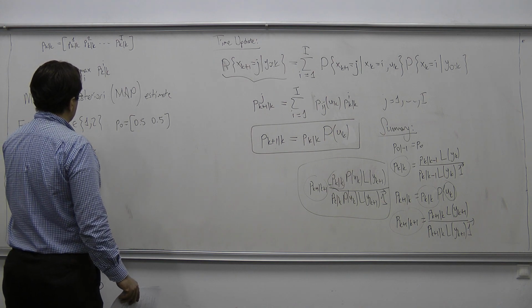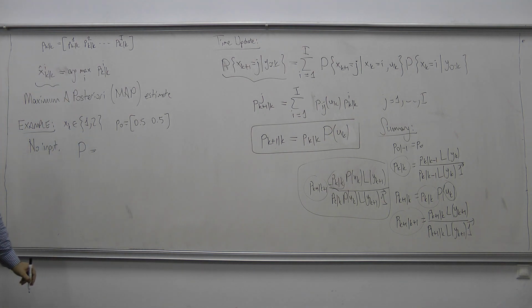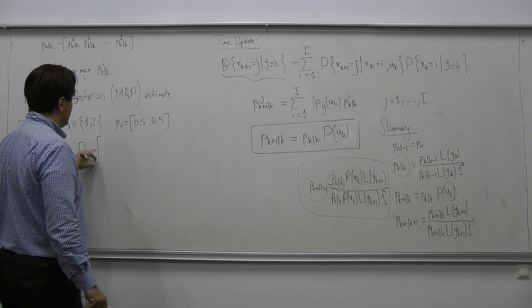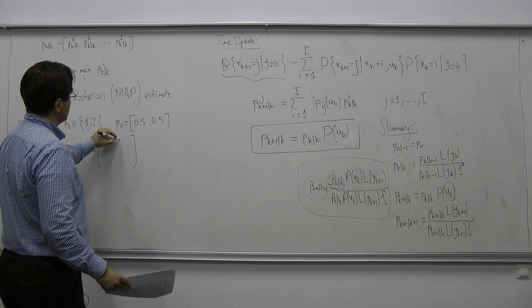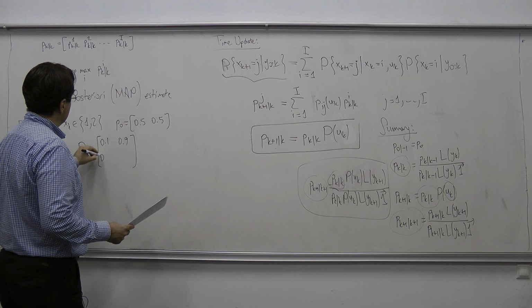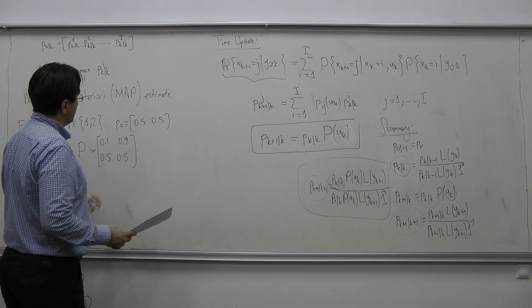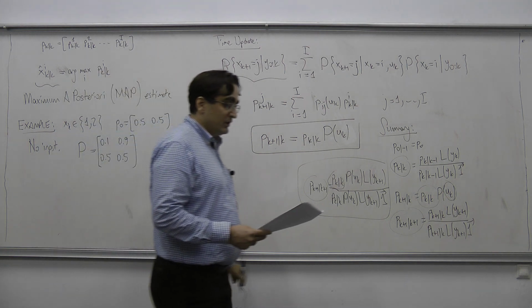So in that case, the transition probability matrix TPM is not going to depend on the input. I would have just a constant matrix whose elements are not dependent on the input value.